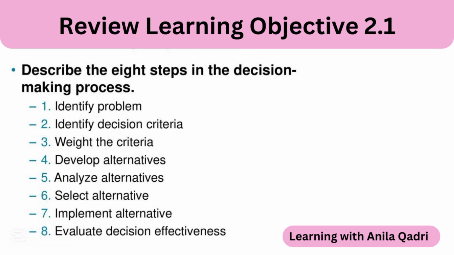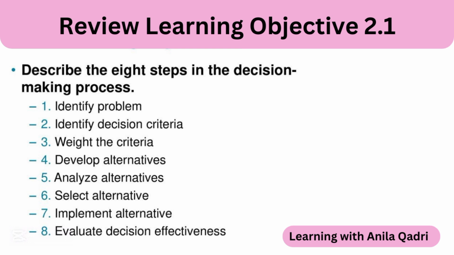Number 4, develop alternatives. Number 5, analyze alternatives. Number 6, select an alternative. Number 7, implement the alternative. And number 8, evaluate decision effectiveness.